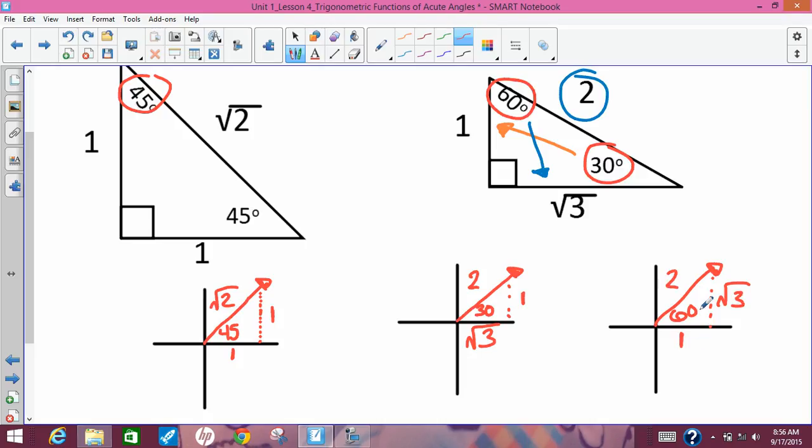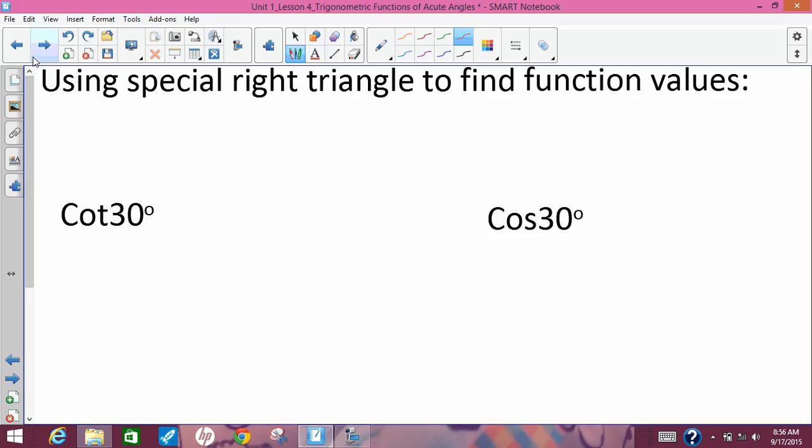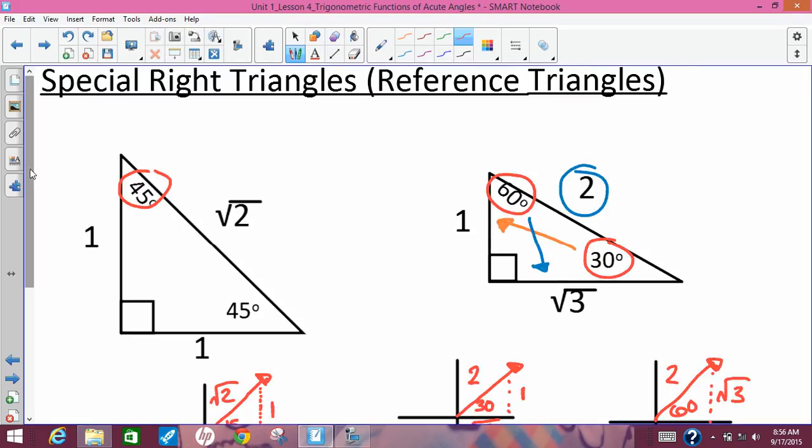So when I have a 30-degree angle, y is 1, x is root 3, and r is 2. When I have a 60-degree angle, y is root 3, x is 1, and r is 2. So I'm actually going to go back here, and I'm going to copy that picture, and I'm going to take it with us.